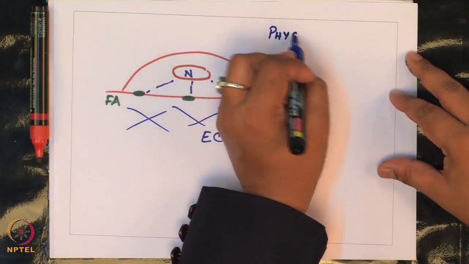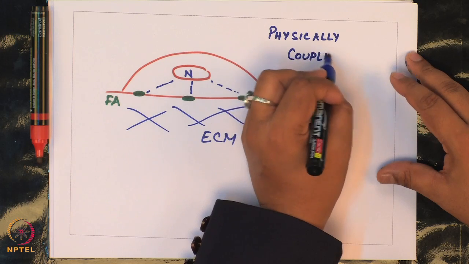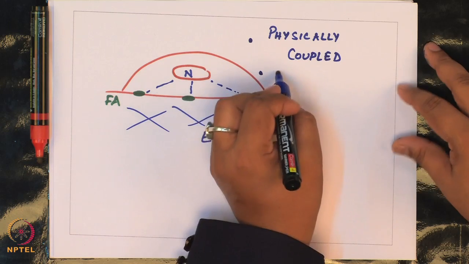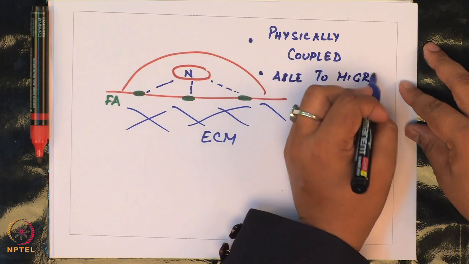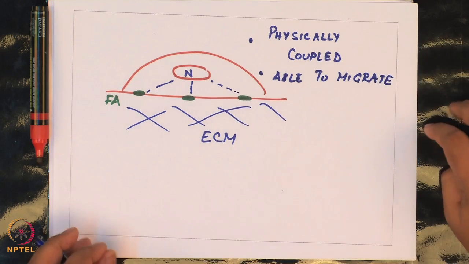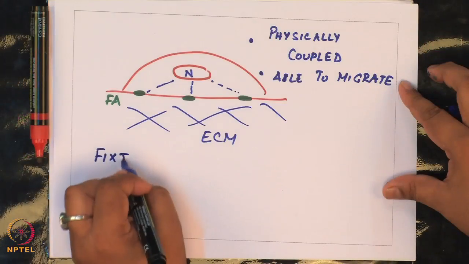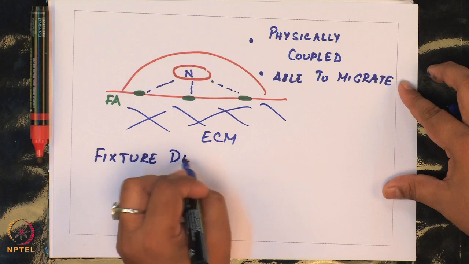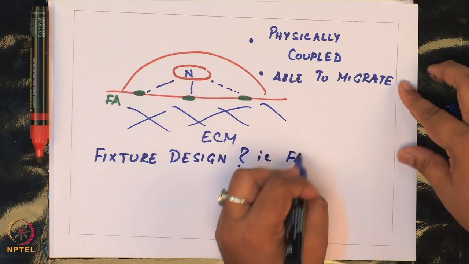Okay. So, the cells should be physically coupled and be able to migrate. Okay. So, what kind of requirement does it put on the design of the fixtures? What can I say about the FA design?